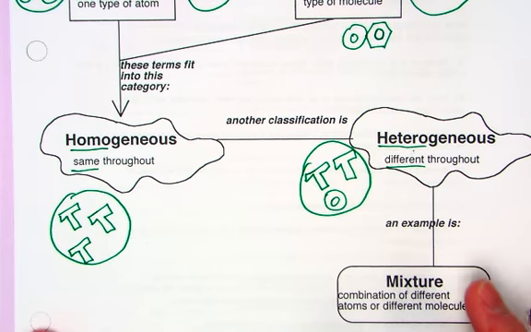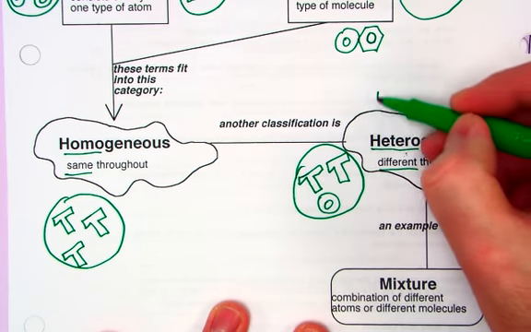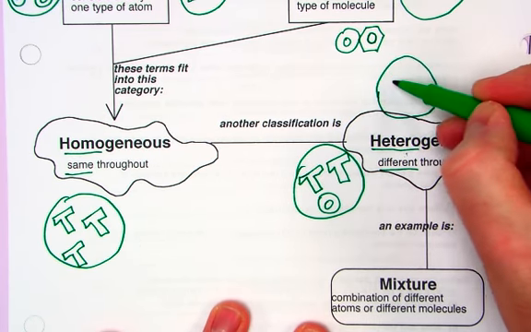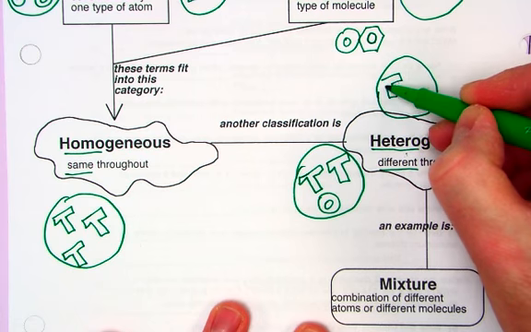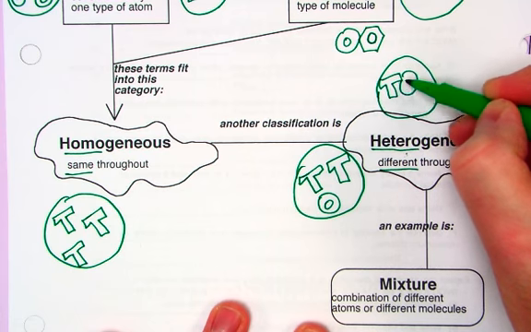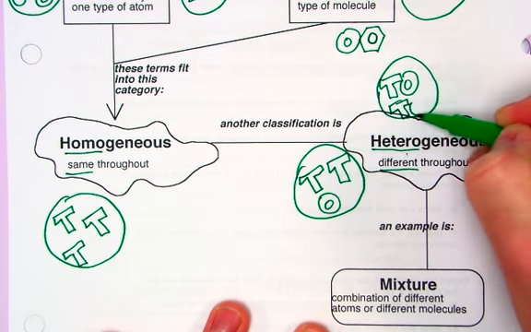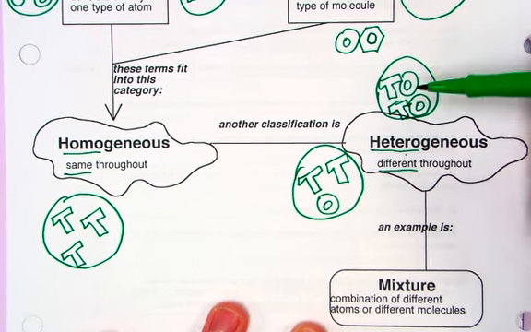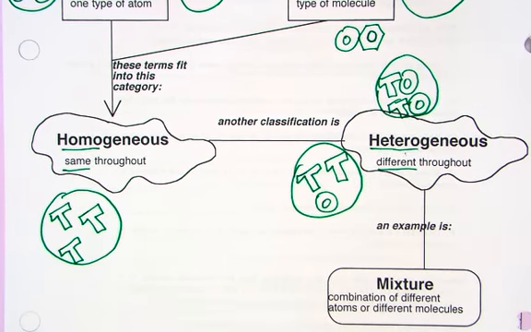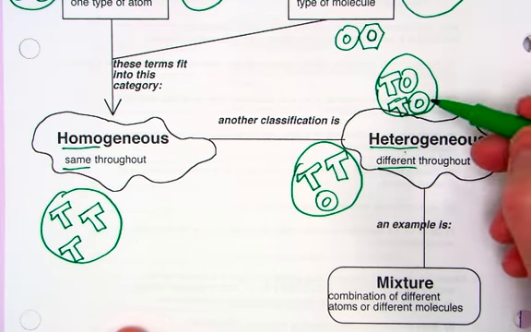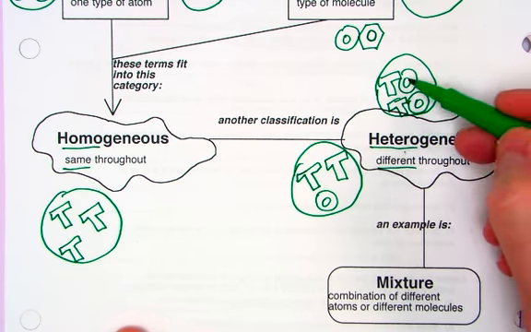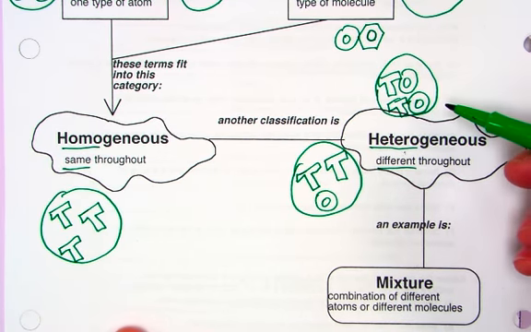Okay? Now, let's say that we had a picture like this. A bolt and a washer and a bolt and a washer. Okay? So a bolt and a washer and then another bolt and a washer. Would this be heterogeneous or homogeneous? What do you think?